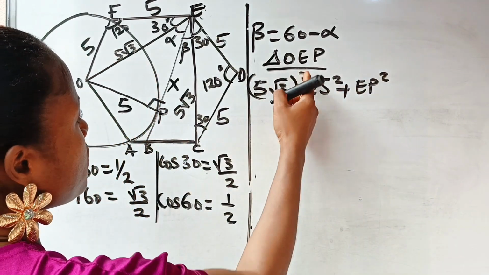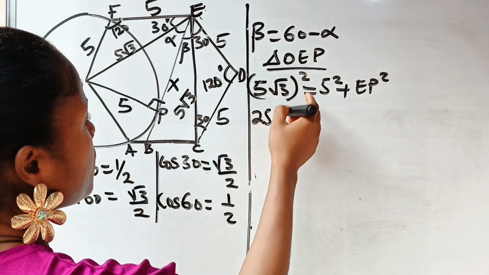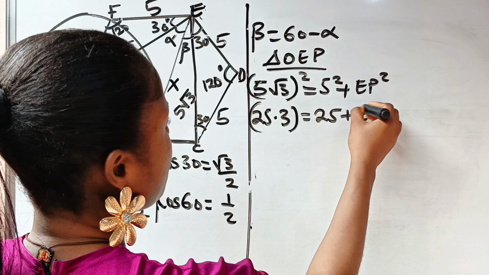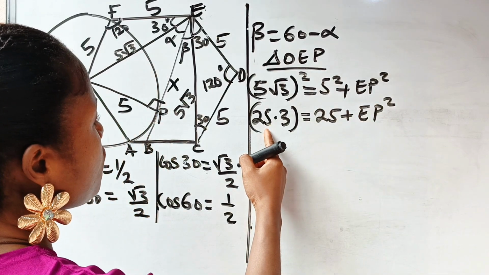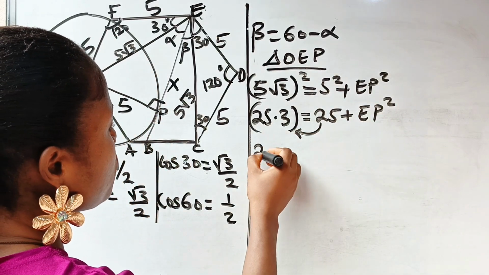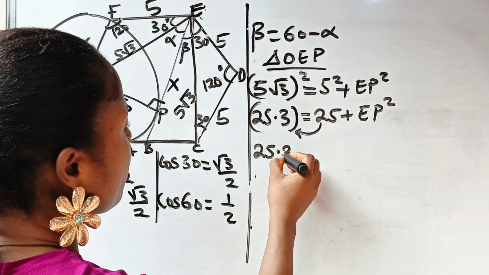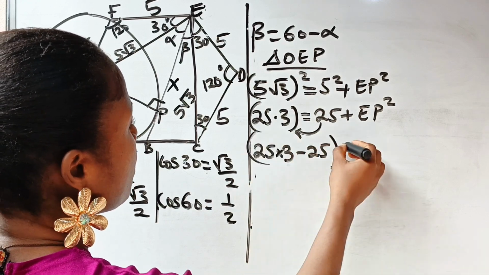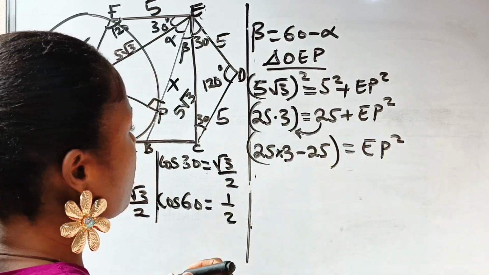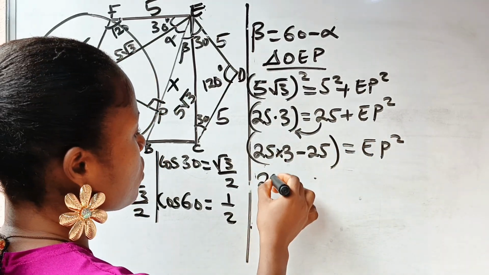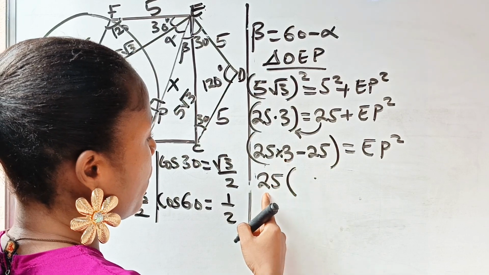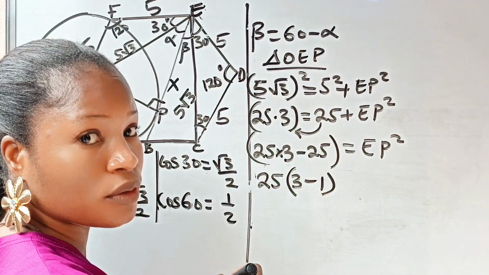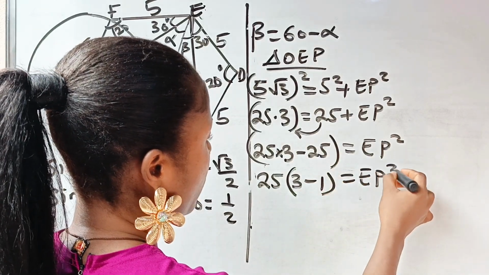Okay, so 5 squared is 25, root 3 squared is 3, so 25 multiplied by 3 is equal to 25 plus EP squared. Then minus 25 is equal to EP squared. So if we factorize 25 out, 25 times 3 divided by 25 will remain 3, minus 25 divided by 25 is 1, is equal to EP squared.